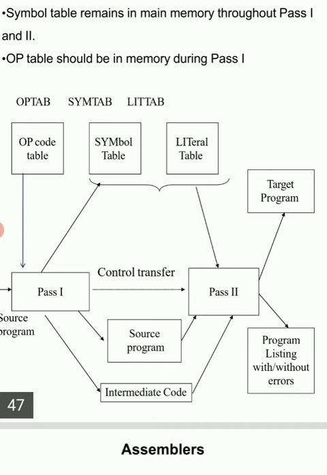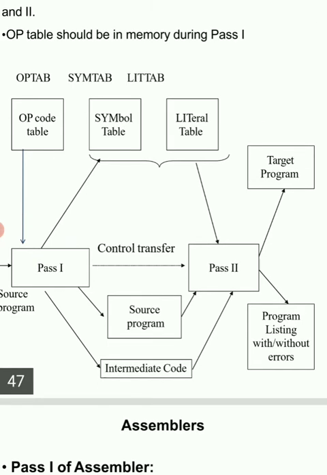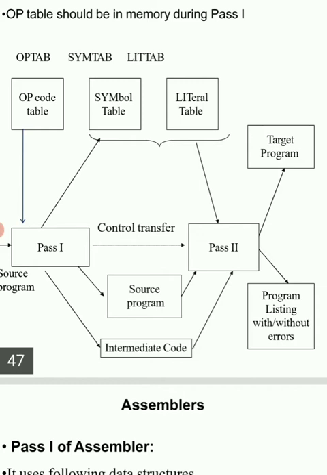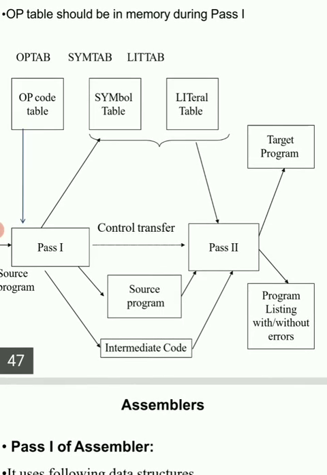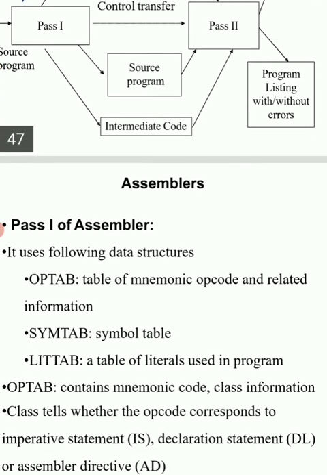At the input side we give the source program, which goes through the analysis phase. At the end of pass 2 you will get the program listing, with or without errors.